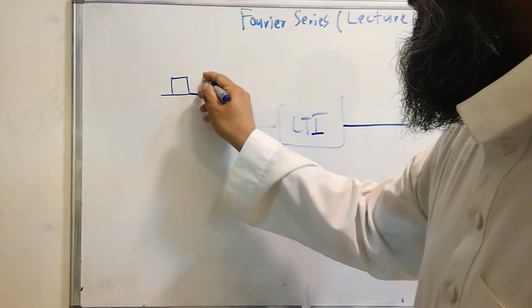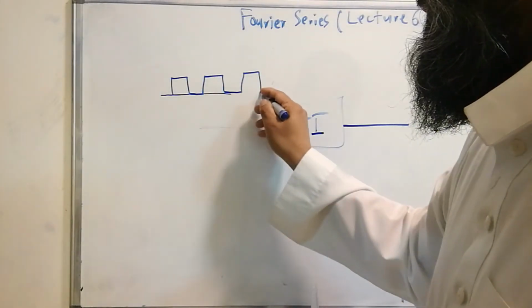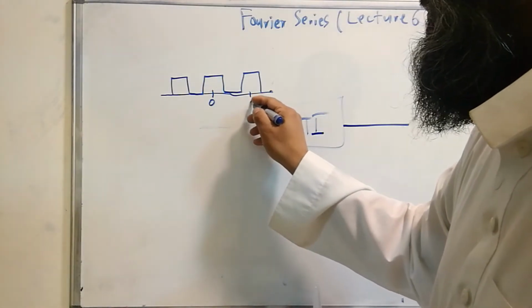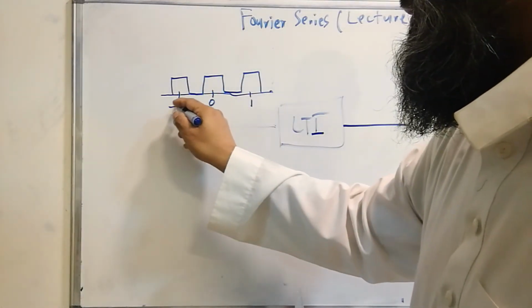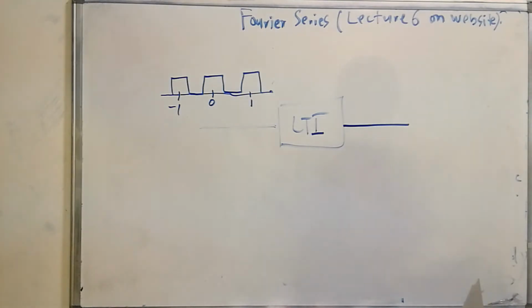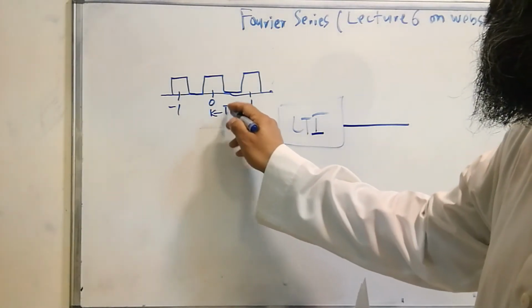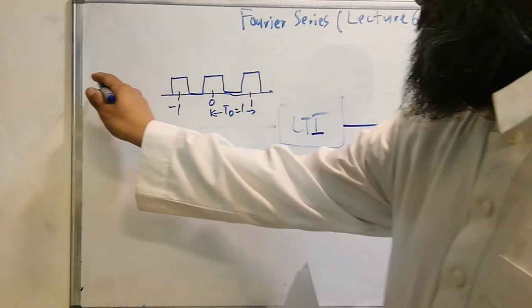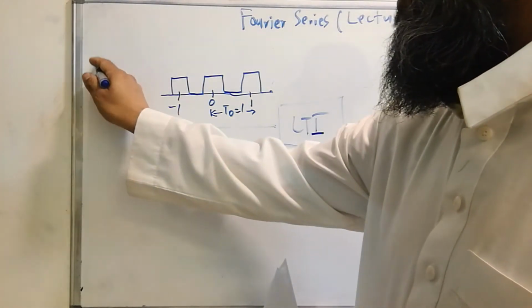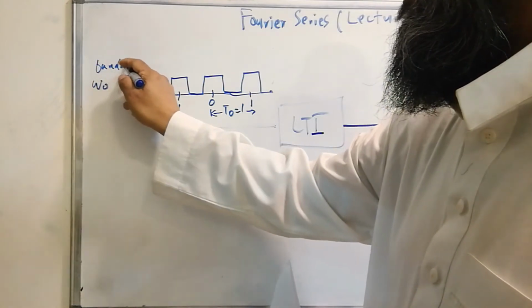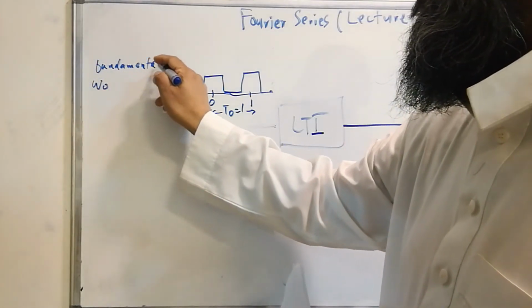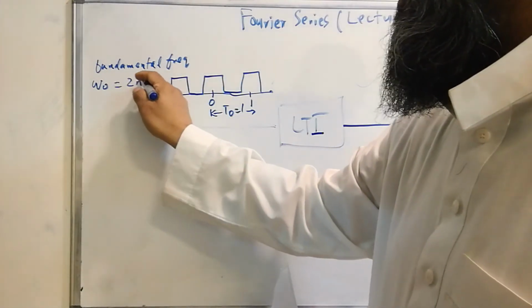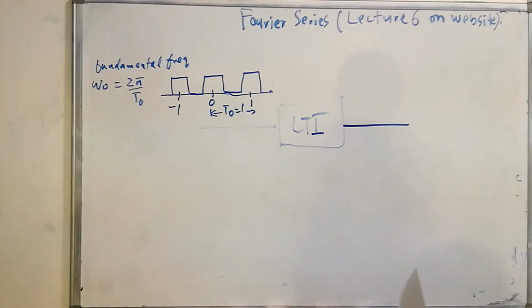The period in this case is 1, and the fundamental frequency omega naught is 2 pi divided by T naught.